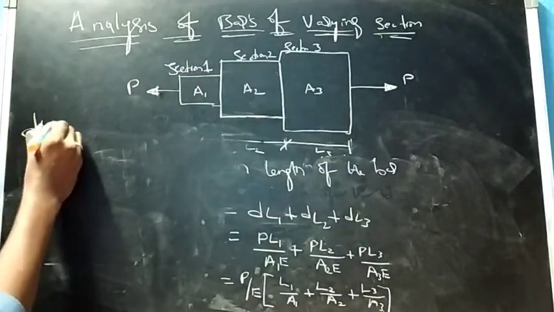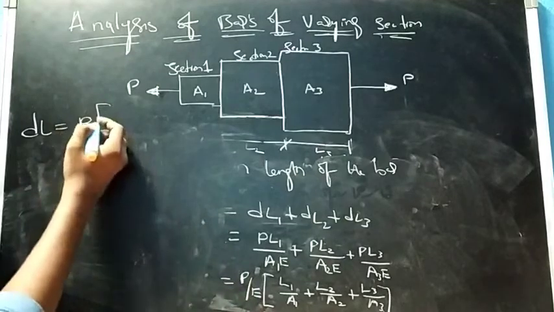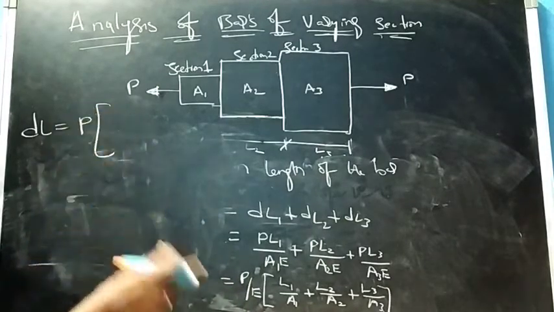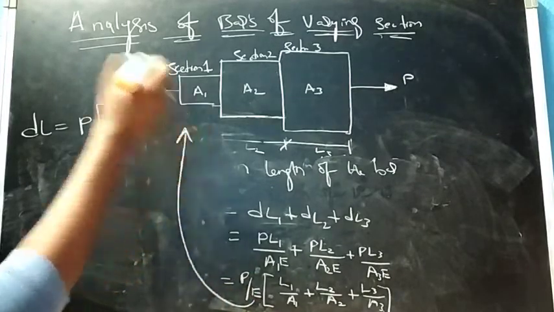That is dl equals P is common, and the Young's modulus will be changed.